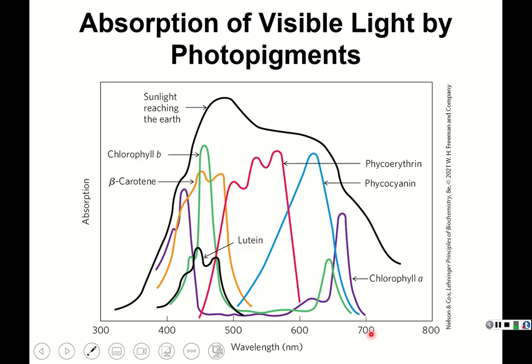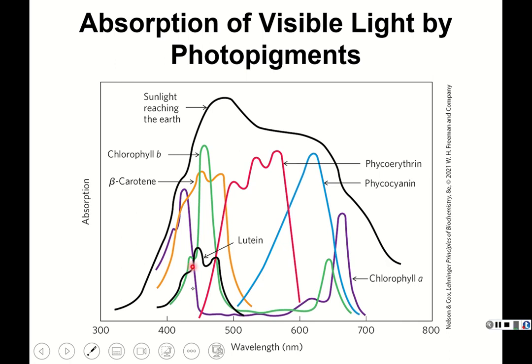So if we look at the absorption spectra, chlorophyll A is shown here in purple, and you can see that it's absorbing a lot in the blue region, and over here in the red region as well.